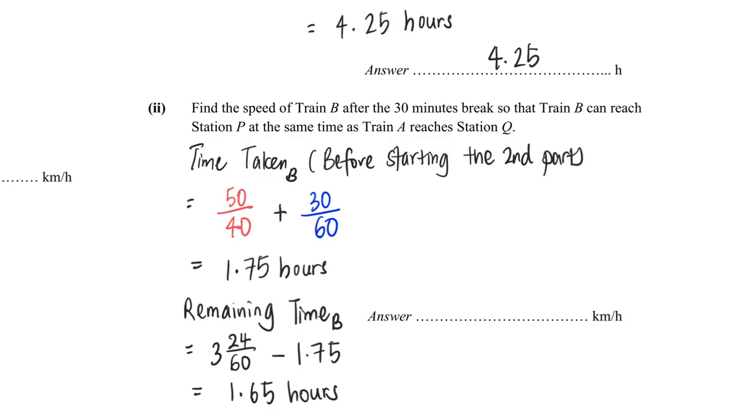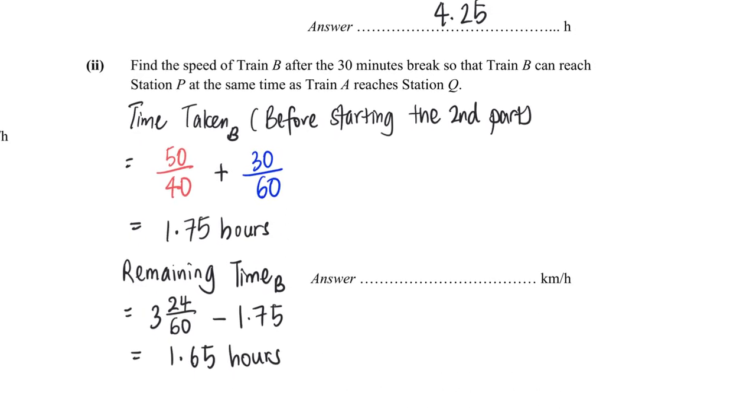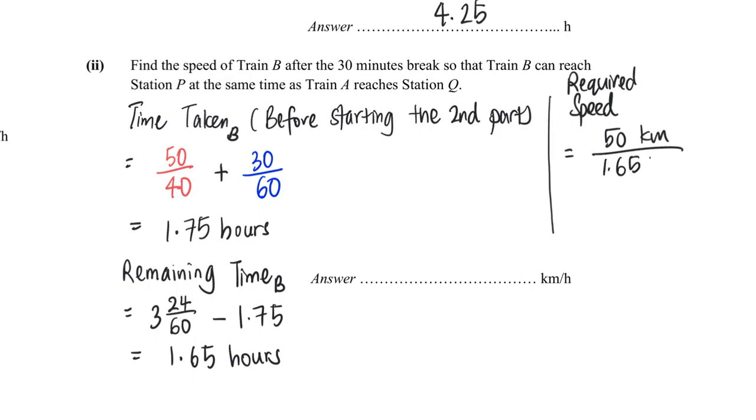And therefore I would then be able to find my speed. The required speed is therefore, we are still left with 50 km, and I need to complete this 50 km in 1.65 hours. And so I will get 30.303, 5 significant figures, followed by 30.3 to 3 significant figures.